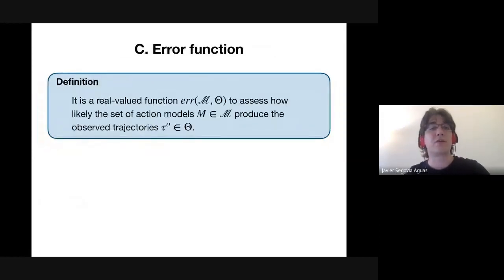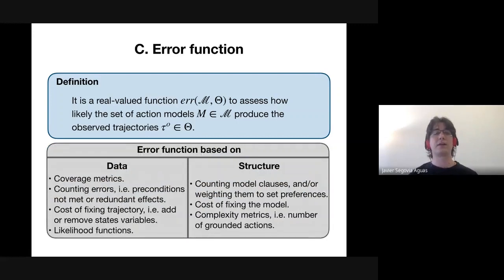And the last one is the error function, where we have these learned models and these observations, and we want to assess how likely this set of models is to produce these observed trajectories. This error model can be based on data or on the structure of our models.